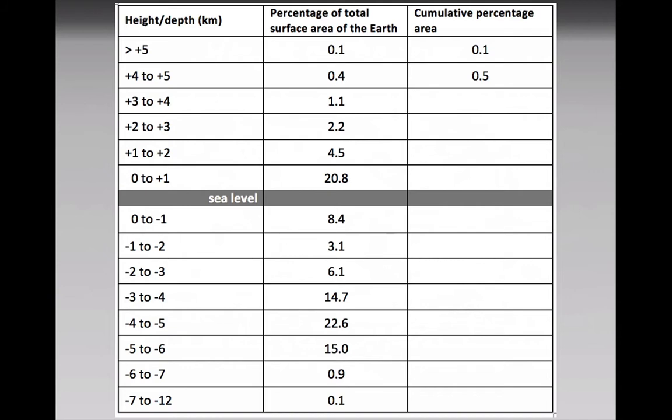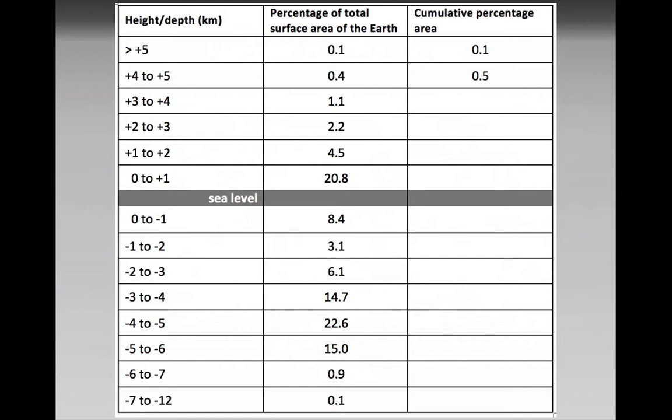Only 0.1% of the Earth's surface is higher than 5 kilometres above sea level. Between 4 and 5 kilometres above sea level, we have 0.4% of the Earth's surface.